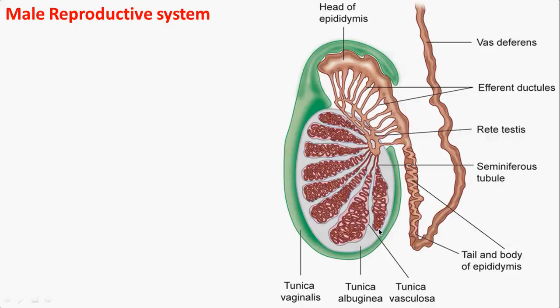This is one lobule of the testis, in which these are the seminiferous tubules. All these seminiferous tubules will form the rete testis, and after that the efferent ductules. Then it will form the head of the epididymis, and this is the body, and this is the tail of the epididymis, which continues as the vas deferens.